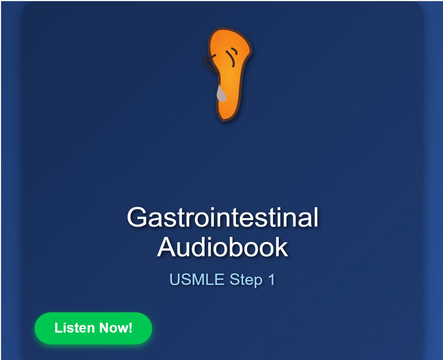Now let's talk about malabsorption syndromes, which can cause diarrhea, steatorrhea, weight loss, weakness, vitamin and mineral deficiencies, and must be taken seriously. Screening is done using fecal fat, for example with the Sudan stain, which can help identify fat malabsorption.